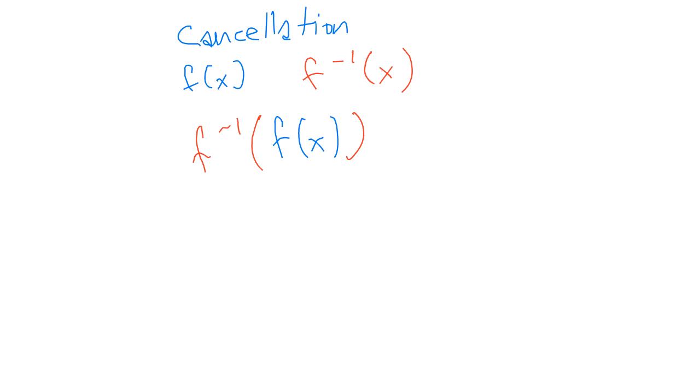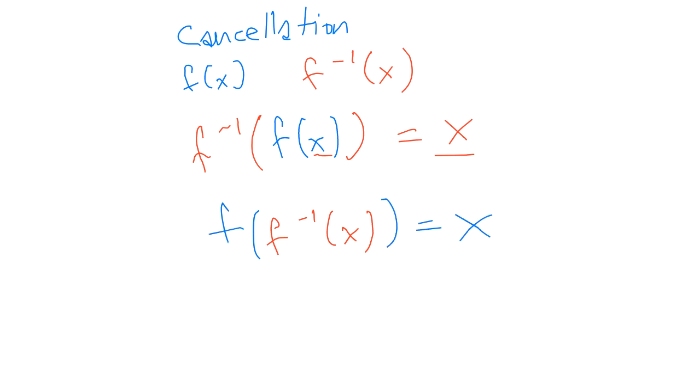Well, we need to see x come out, because this is what we put in, and this is what we're putting back out. We can do the same thing in reverse, where we have our inverse plugged into our initial, and once again see the same thing come out. And then, how do we solve for our inverse functions?